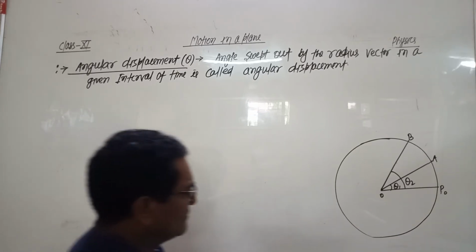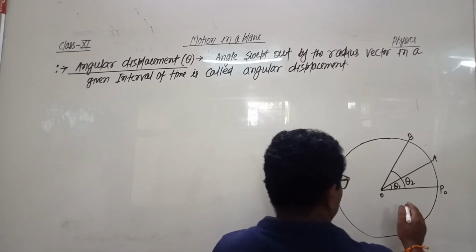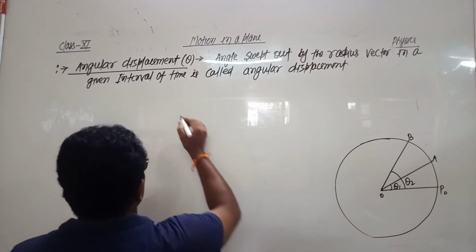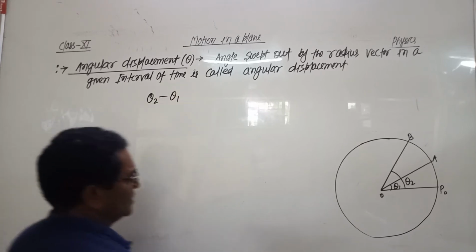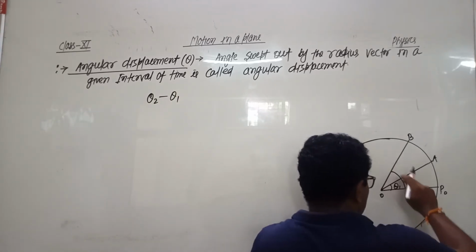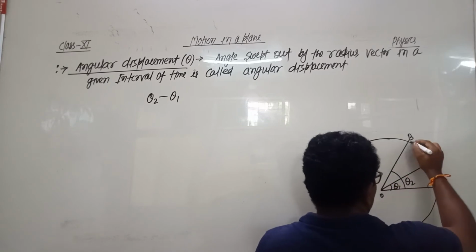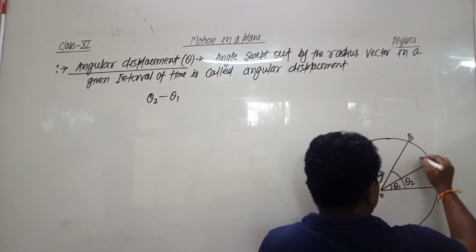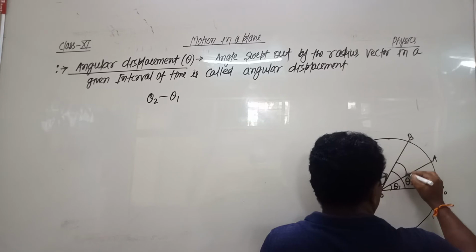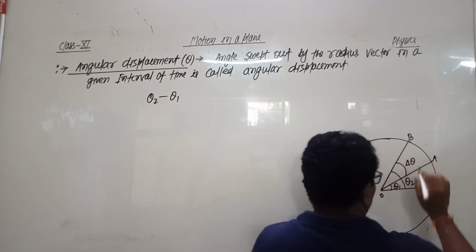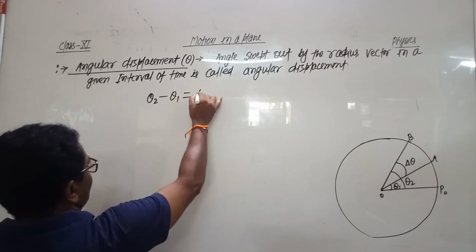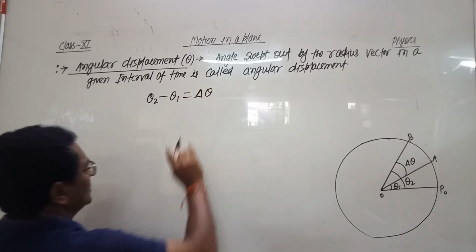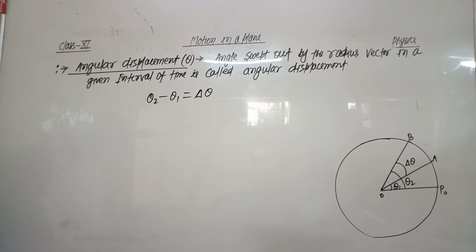Now, the value we get, theta 2 minus theta 1, is delta theta, the change in angular displacement.